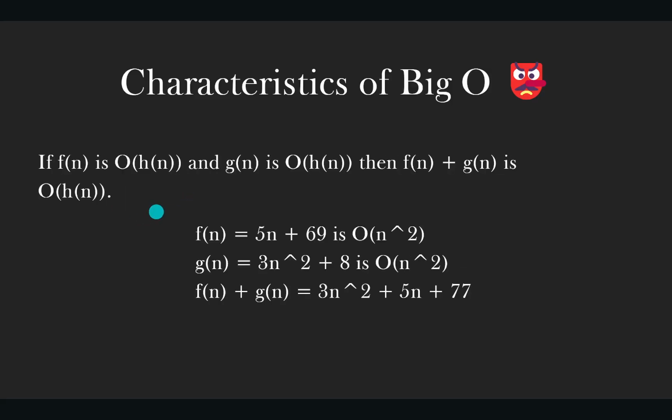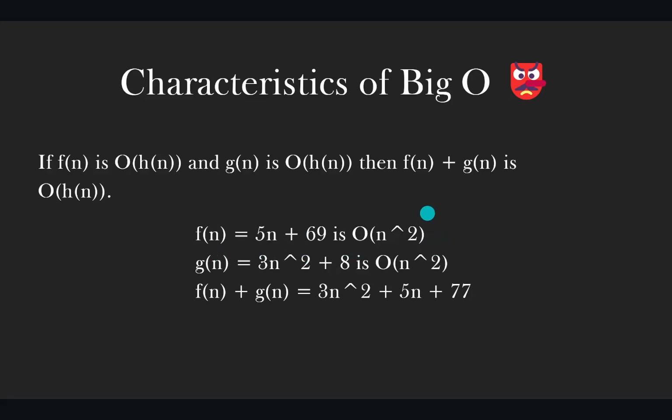The second one is, if there are two functions f(n) and g(n), where both belong to the same class, the addition of those two functions belongs to the same class as well. So let's say f(n) equals 5n plus 69.